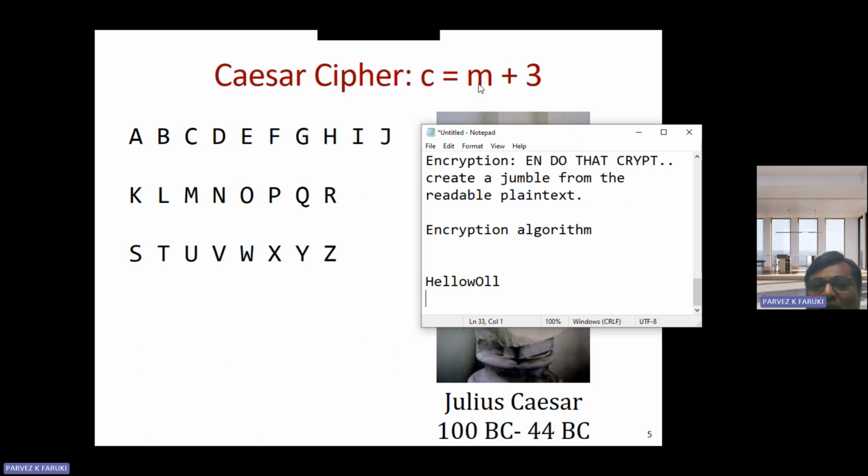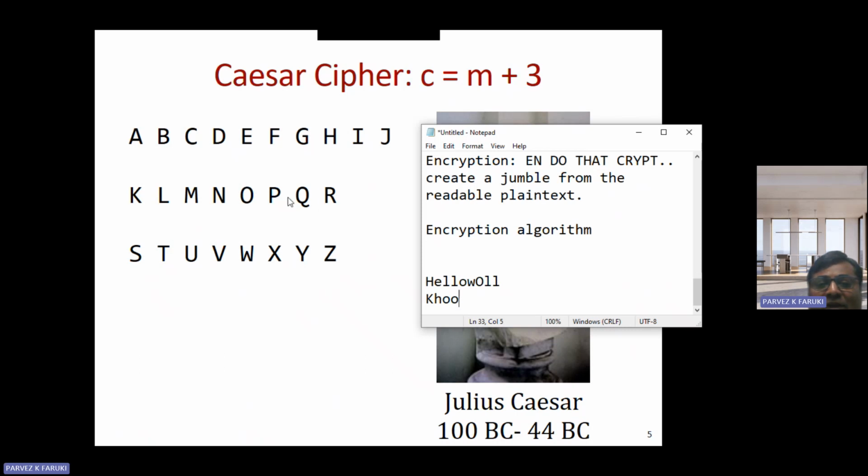So C equals PT plus 3 alphabets. What does that mean? If my letter is H, what comes after H? I, J, K. So I'll replace H by K. What comes three characters after E? F, G, H. What comes after O?